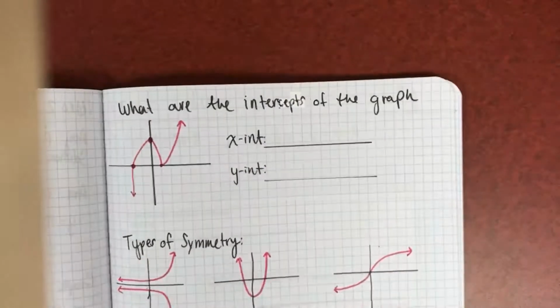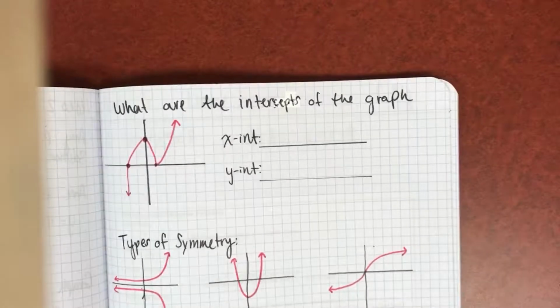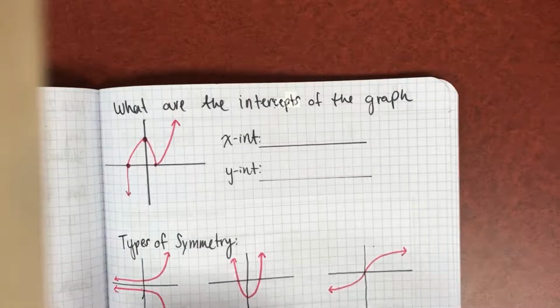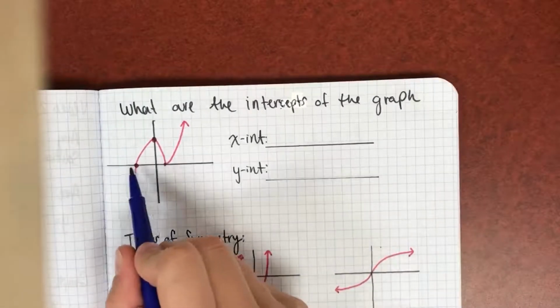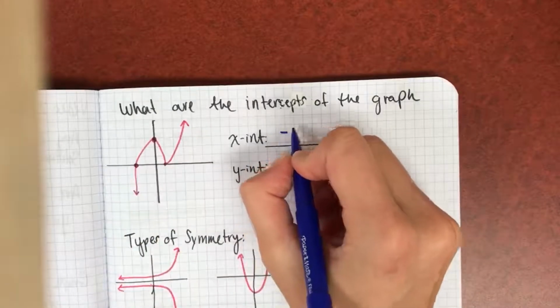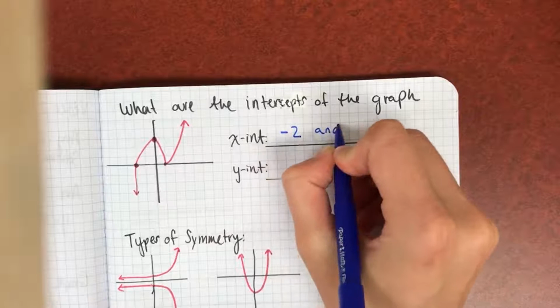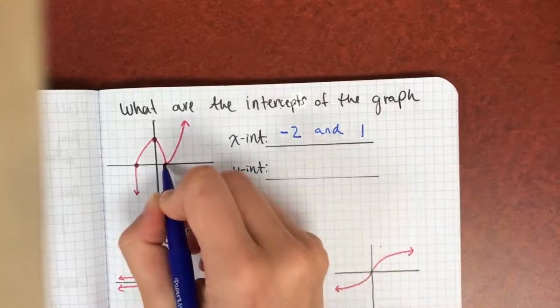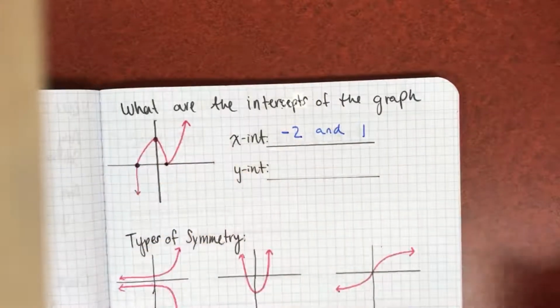Here we're just finding the intercepts of this graph. First, the x-intercepts, we're looking at the x-axis. So this would be -2 and 1. Those would be those 2 points right there.